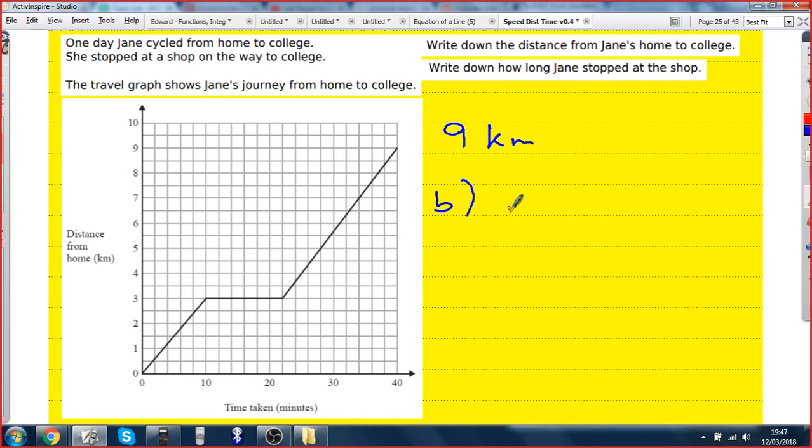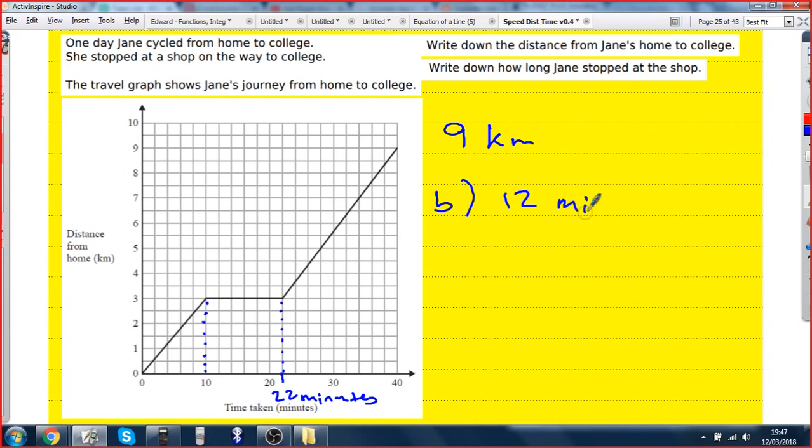When did she arrive at the shop? So how long was she at the shop for? 12 minutes.